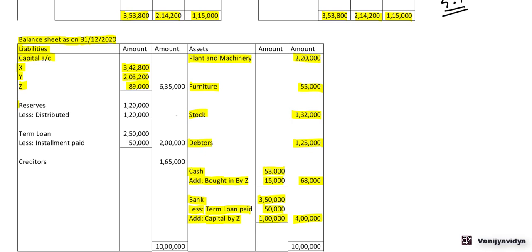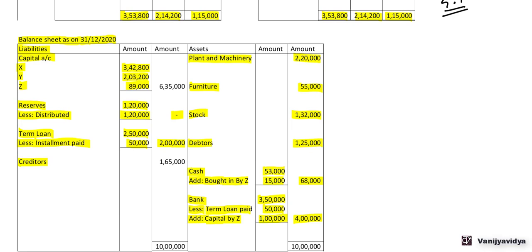Then reserves, 1,20,000. We have distributed these reserves to the partners capital accounts. So less distributed 1,20,000, so nil. Term loan is 2,50,000. Again for term loan we had an adjustment. So less installment paid 50,000. So now here it is 2 lakhs.